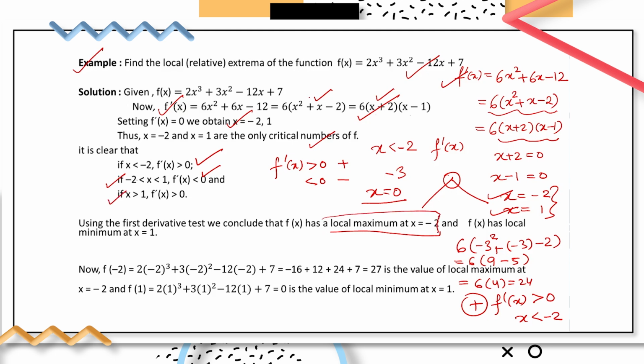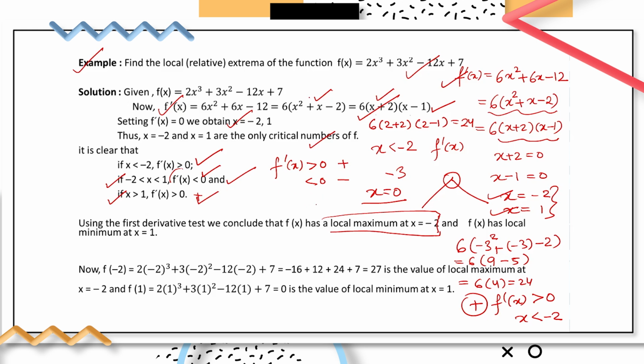Similarly, if we calculate for values x greater than 1, say we substitute the value 2, you will get 6 into (2 plus 2 into 2 minus 1). So 2 into 2 is 4, 4 into 6 is 24. This is positive. So the value for x equal to 0 was less than 0, and for x greater than 1 it is greater than 0.